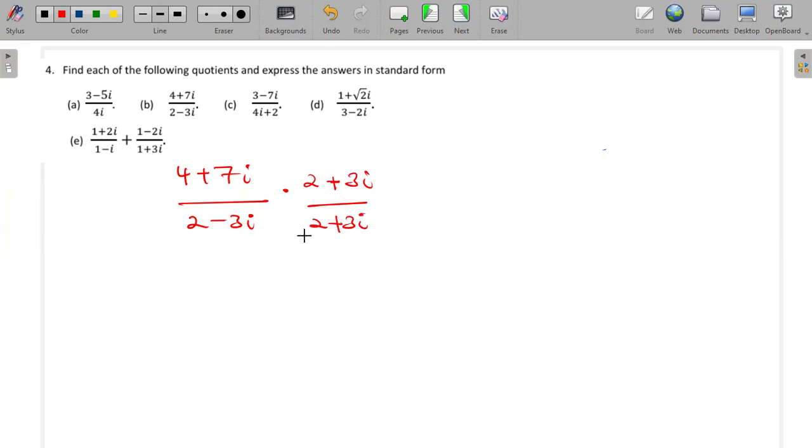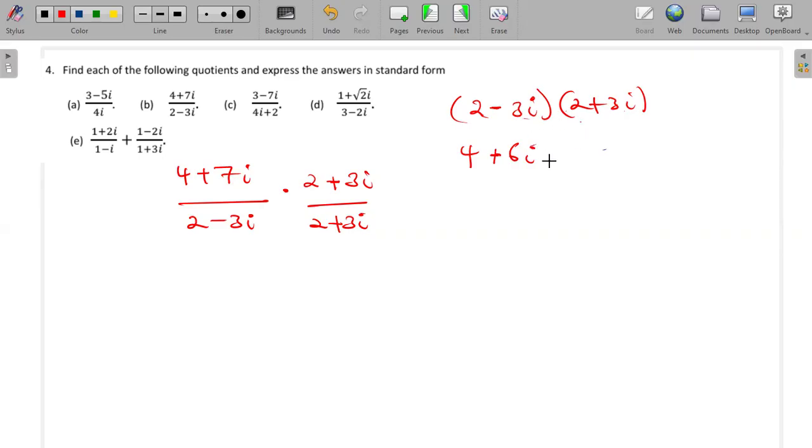Something that I want you to see going forth, because we'll just be using this. So you have 2 minus 3i and 2 plus 3i here. If I multiply 2 by 2, gives me 4. Then 2 times 3i gives me 6i.